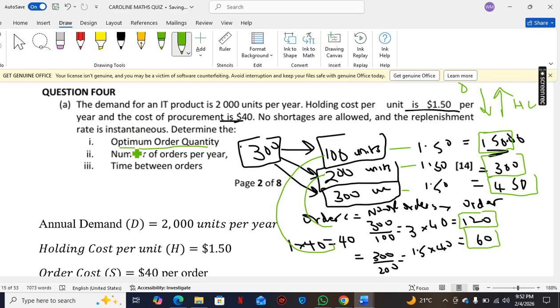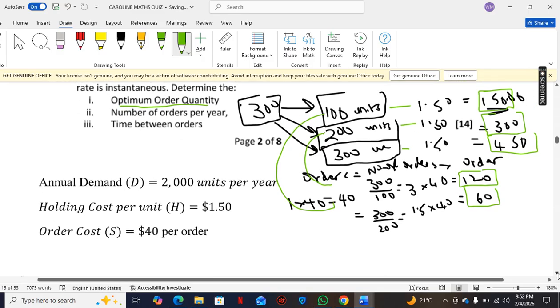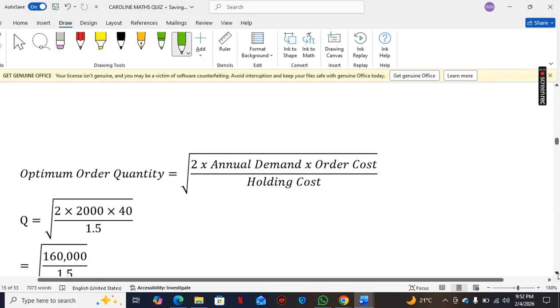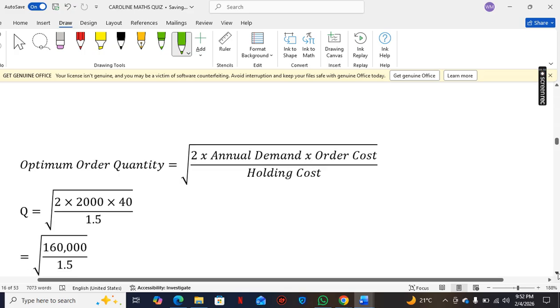So the optimum order quantity, this is the formula. Hold on, colleagues.